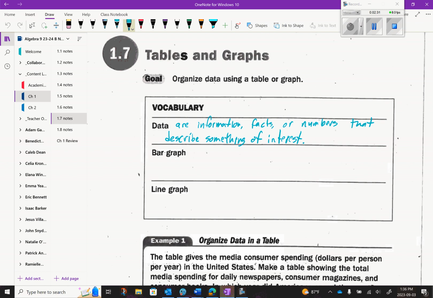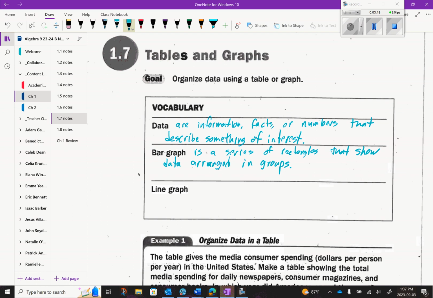A bar graph uses a series of rectangles to show data once we have things arranged in groups.